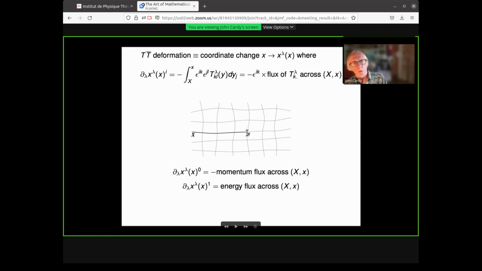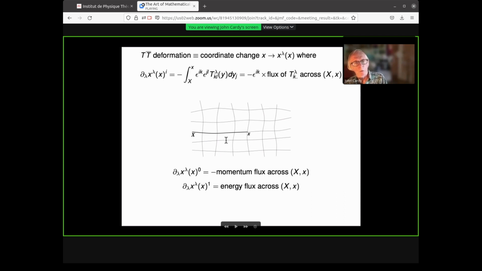We look at a point X, and we have a fiducial point here, capital X, and we look at the flux of the stress across this line.